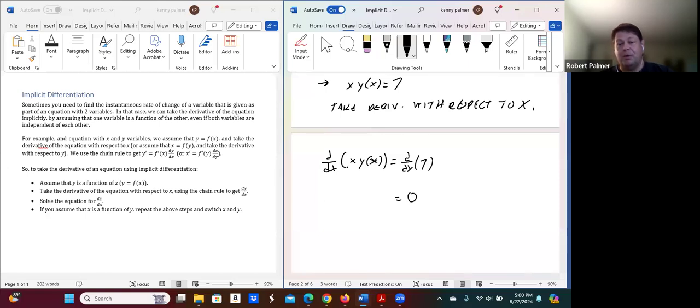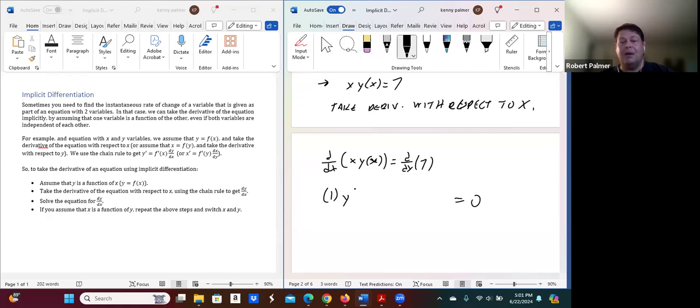And so remember how the product rule works. So we take the derivative of, in fact, let me actually move this over so I have plenty of room. So there's going to be the derivative of the first function of x times just y of x. And so that's going to be the derivative of x, which is 1, times y of x. I'm going to drop the of x part, just call it y.